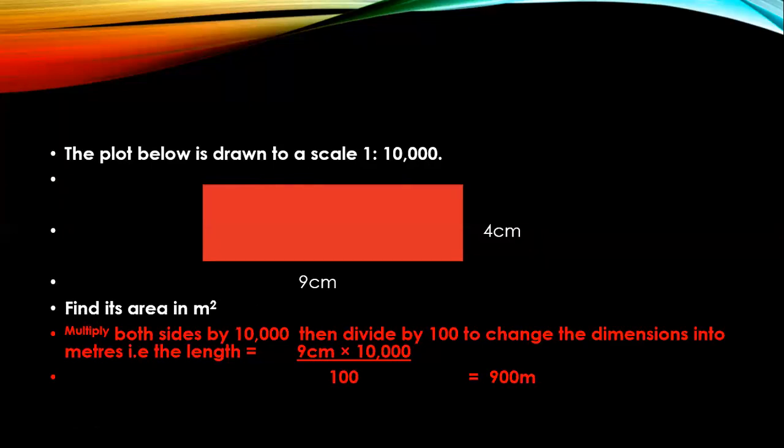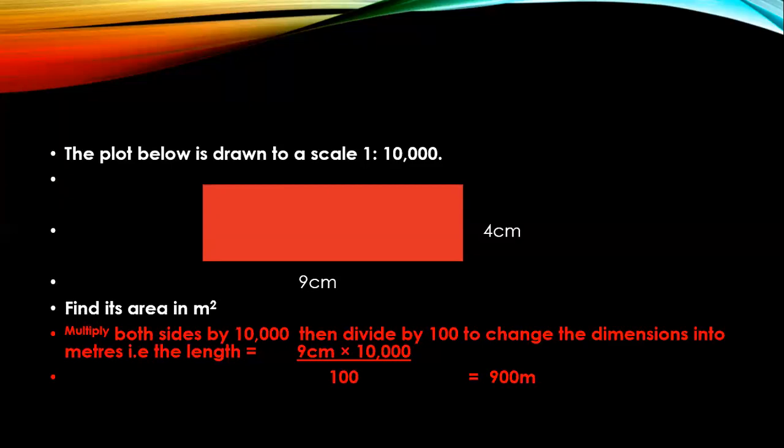Why? Because of the units of measuring area that I gave you in the previous slide: when you have your area in meters squared, it will always be easy for you to change it into the required units.